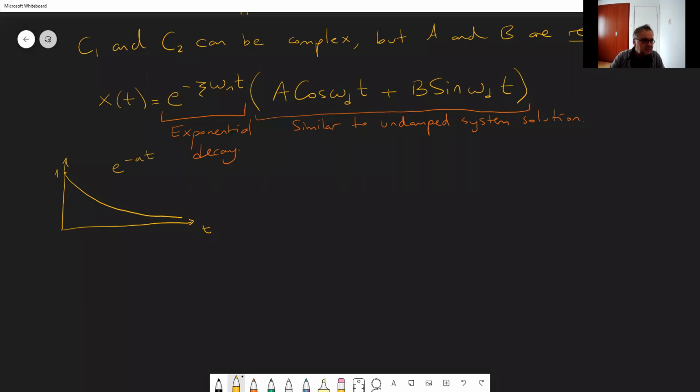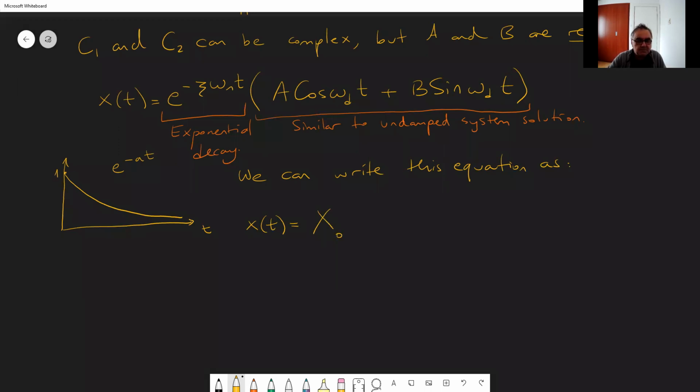Now, just as in the case of free vibrations with no damping, we can write this equation as, let's say, x of t equals X0 e to the minus zeta omega n t cosine omega d t minus phi. Instead of using A and B's and sines and cosines, I'll just use a single term.